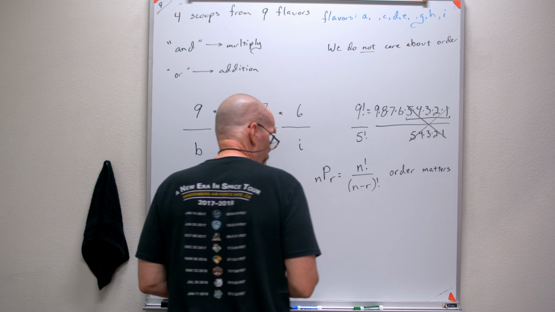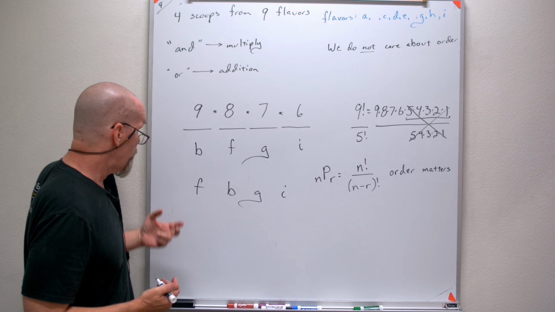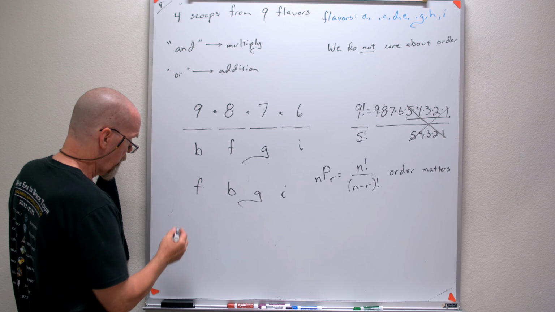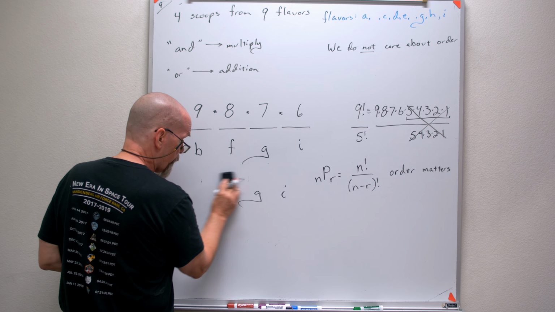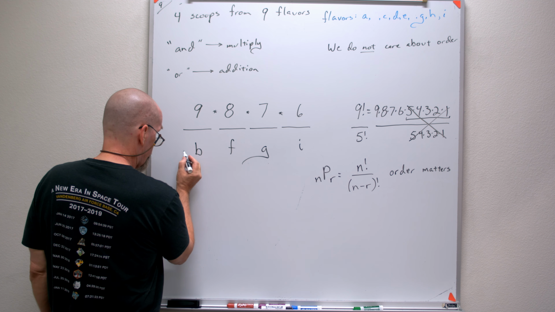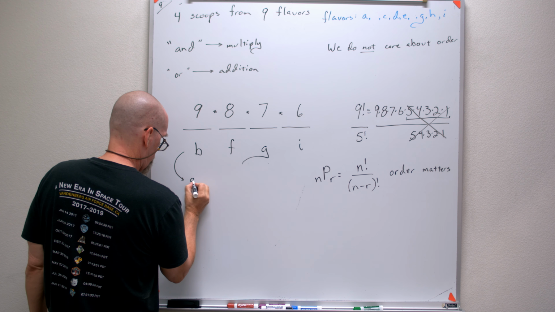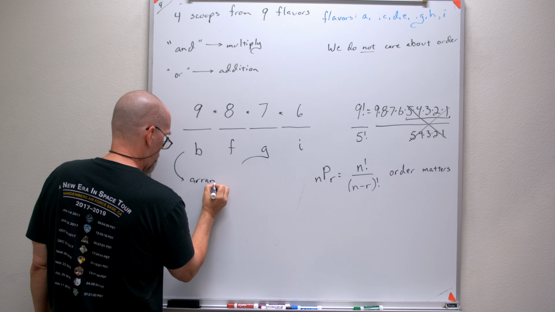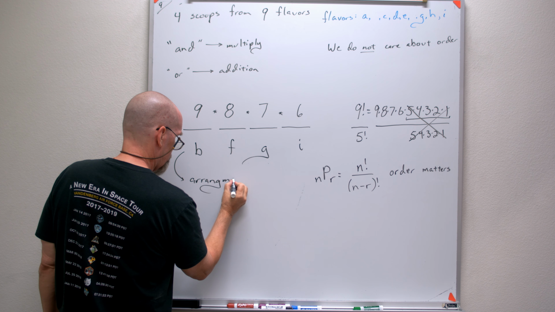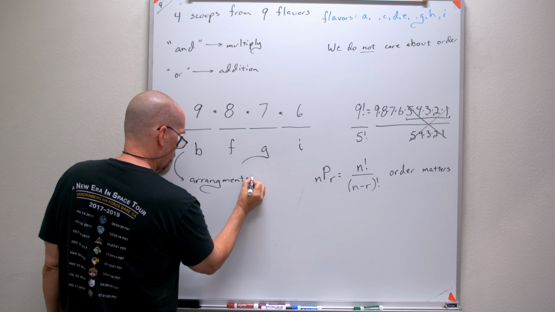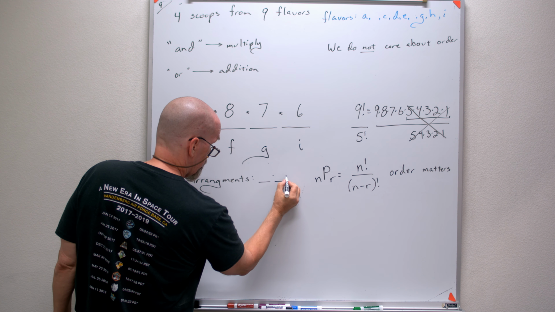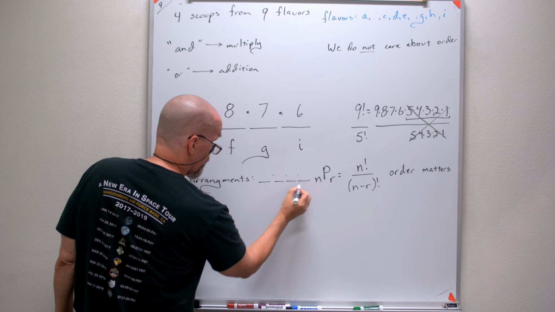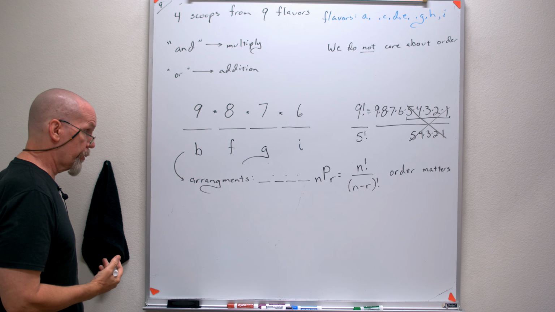If we don't care about the order, then I have to divide by the number of arrangements of the 4 items. So if I know I'm choosing items B, F, G, and I in any order, then I'm choosing 4 things, 1, 2, 3, and 4, and I'm trying to figure out how many ways to arrange them.